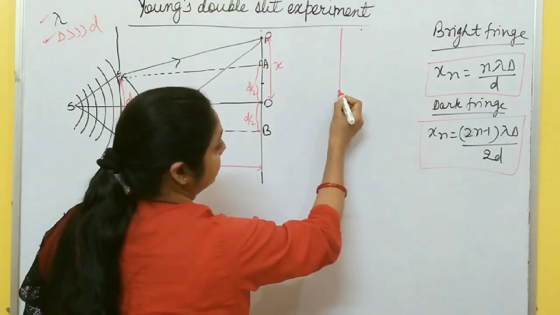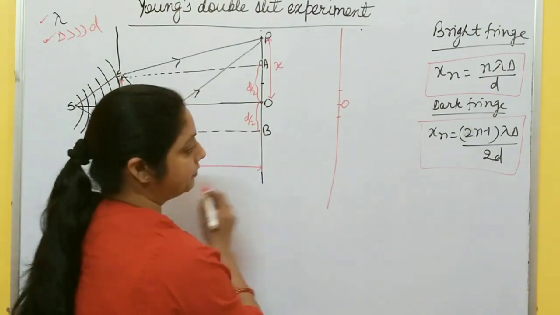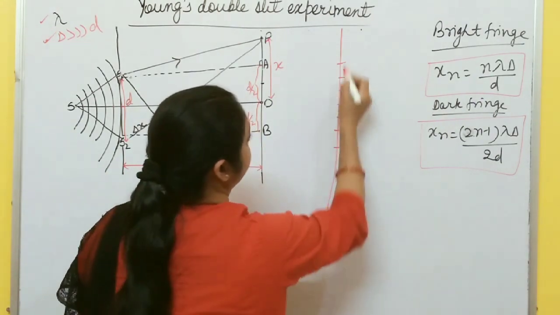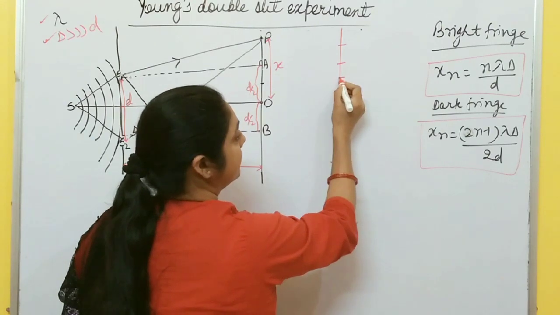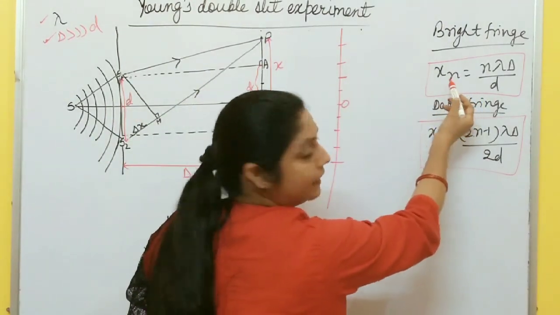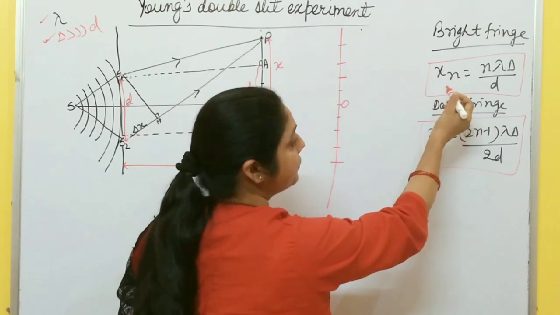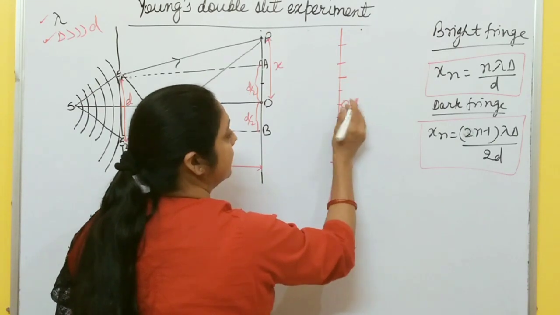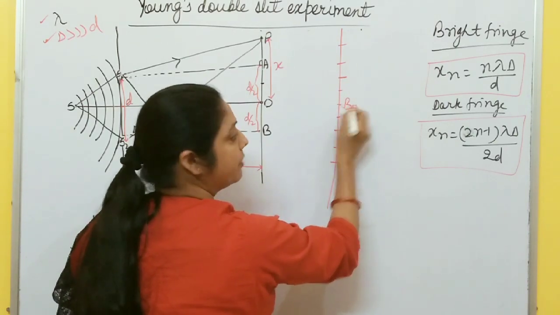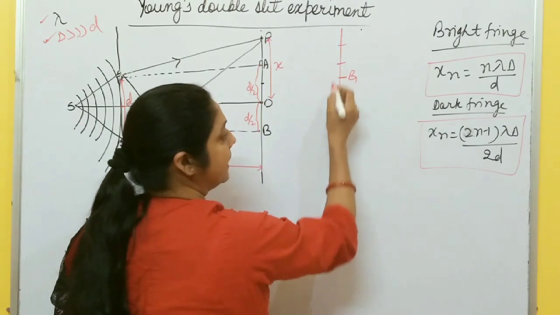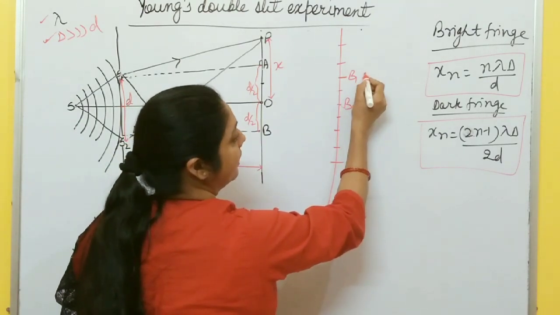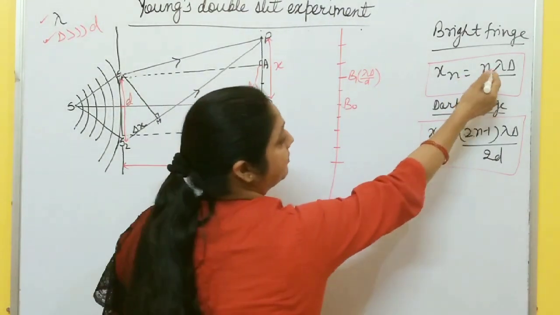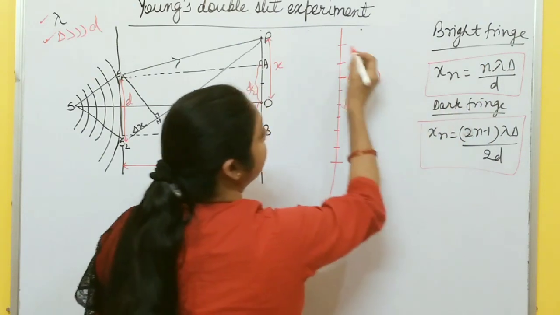Again, on both sides from this center, equidistant, suppose at this point, when n is 1, the first bright fringe is formed. n is 1 means λD/d. So you can write here that this is the central bright fringe, here is the first bright fringe, at a distance of λD/d. Again, the second bright fringe is formed at 2λD/d.